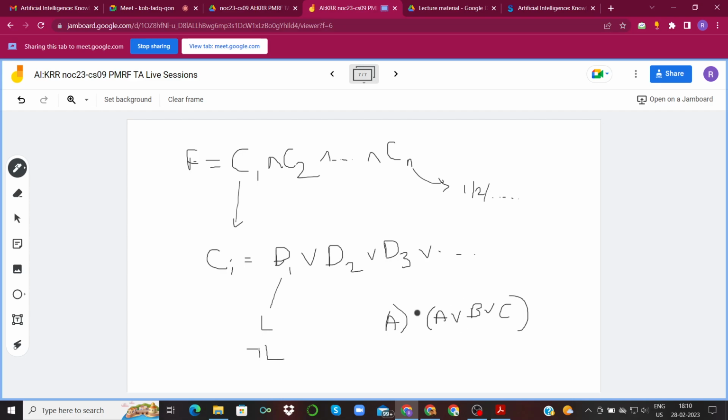Then our Ci would just be equal to D1, and our formula would become just C1. Okay, C1 and nothing else.